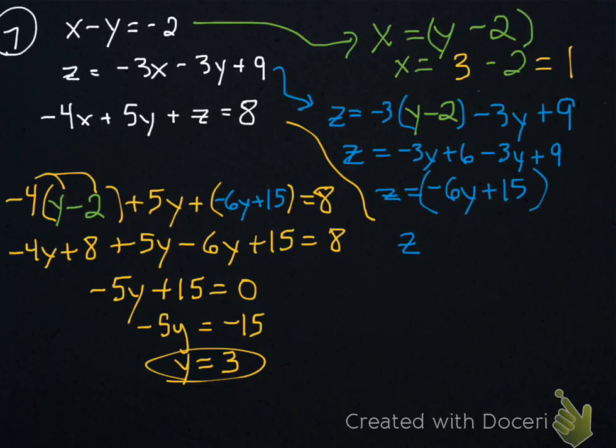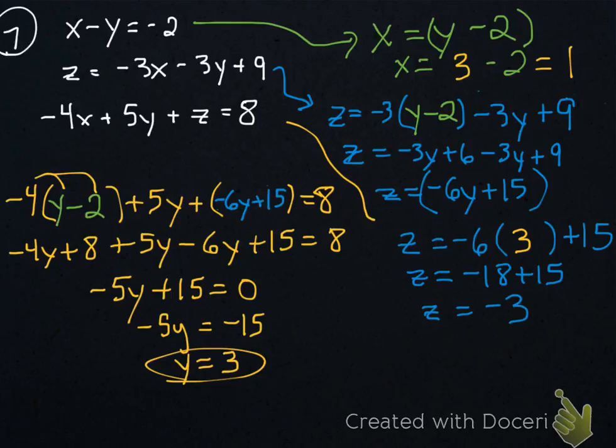Z was equal to negative 6 times y plus 15. And what's y again? Yep, it's 3. So negative 6 times 3 is negative 18, plus 15. So that means my z is equal to negative 3.